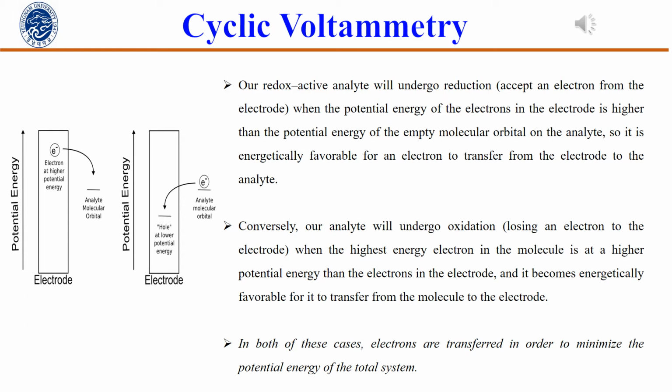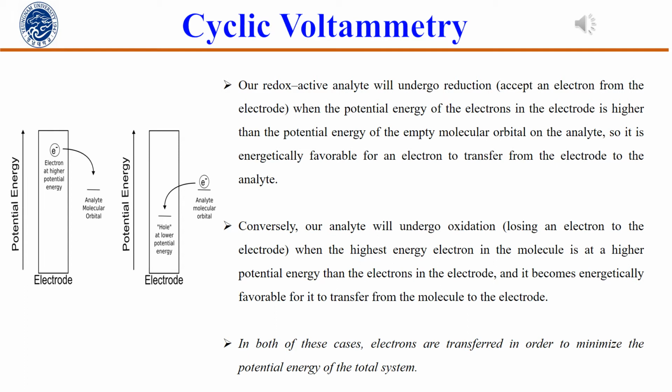Here you need to compare the energy of the electron in the electrode and the energy of the molecular orbital in the analyte. So the electron having high potential energy in the electrode gives an electron to the analyte. This is called reduction of the analyte.